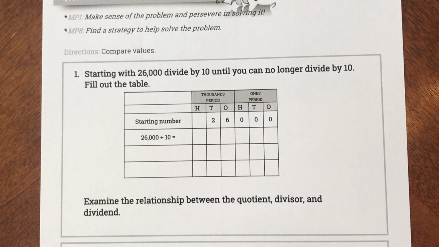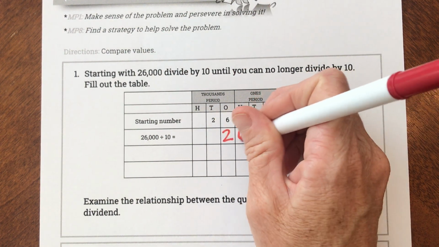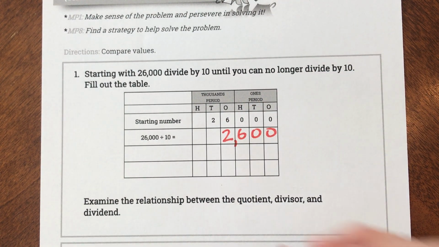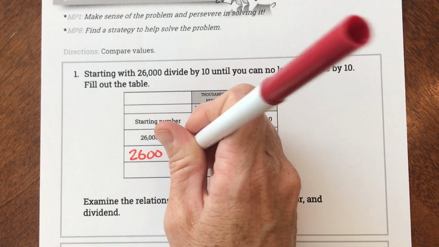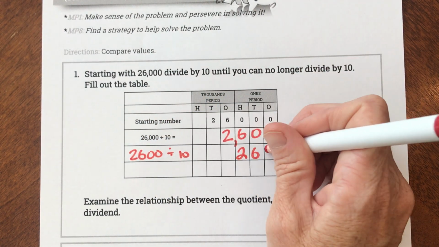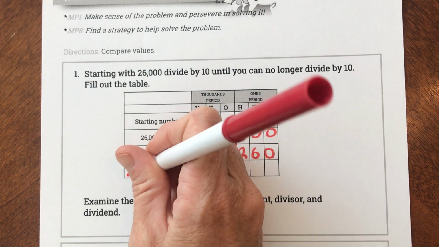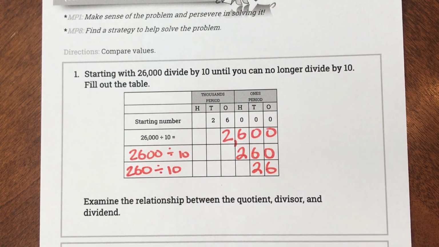So it's going to get smaller. So I'm going to be moving them this way. 26,000 divided by 10 is 2,600. 2,600 divided by 10, I'm going to watch my pattern get even smaller, is 260. 260 divided by 10, my pattern's going to move this way.